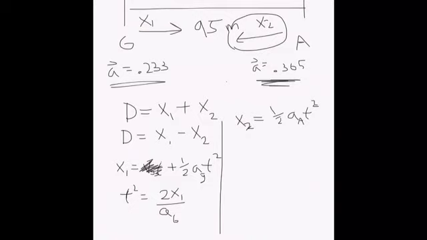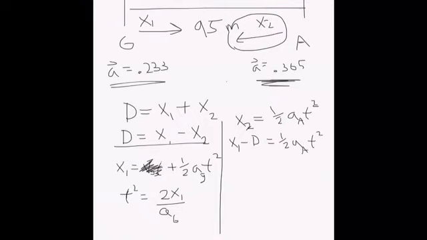Well, we're going to solve for x2 using this equation here, and we get that x2 is equal to x1 minus d, and that's going to equal 1/2 a t squared. Cool.